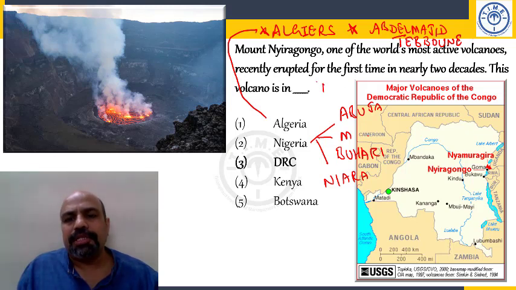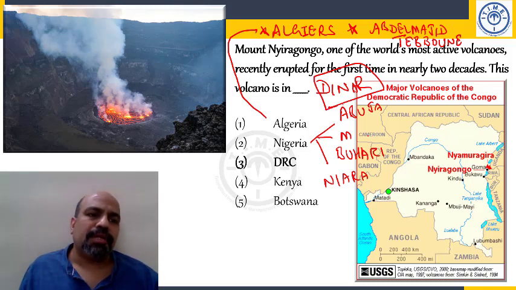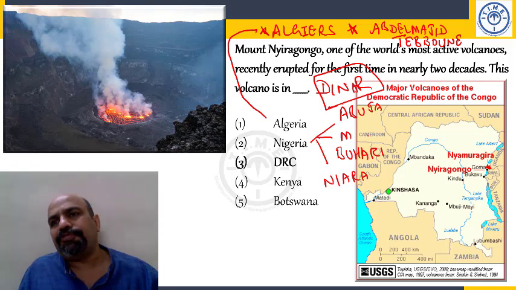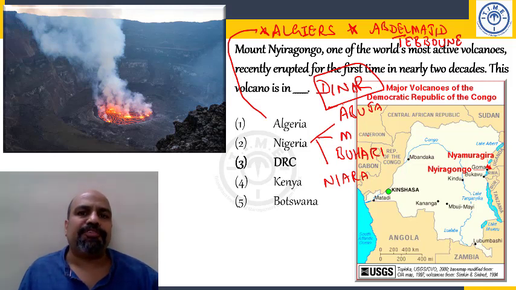The currency is dinar, Algerian dinar. You could write one extra fact: biggest country in Africa by area. Biggest African country by area.